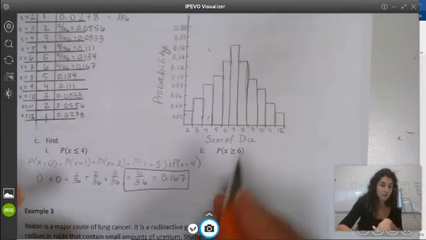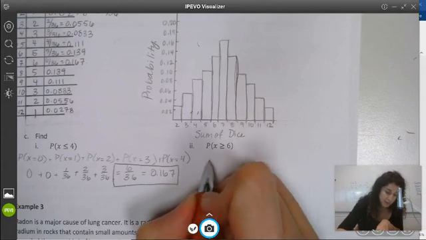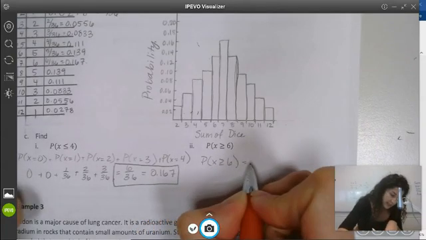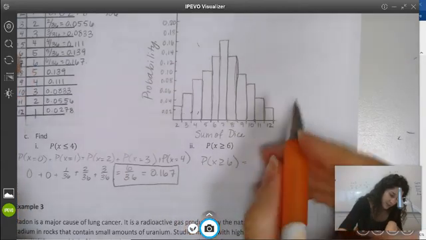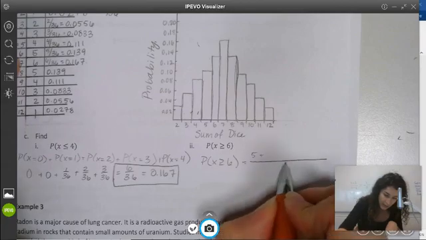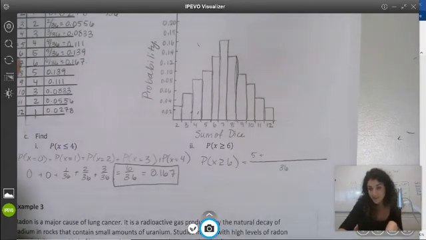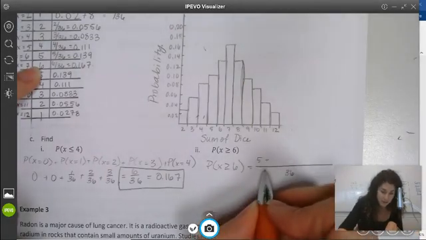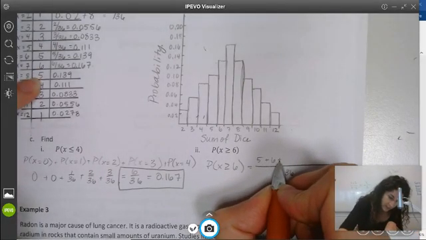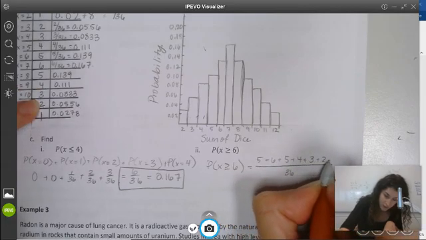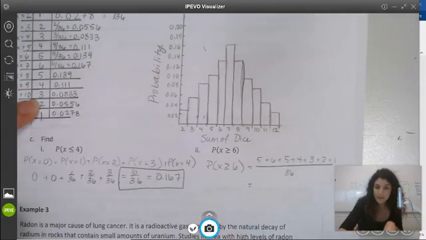So then the probability that x is greater than or equal to 6, that's the probability that x is equal to 6, which is 5 out of 36. And I know I'm going to be adding them all together over 36, right? So 5 over 36, x equals 7 would be 6, 5, 4, 3, 2, 1.